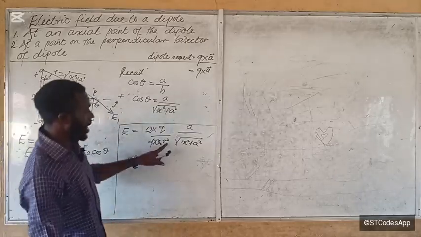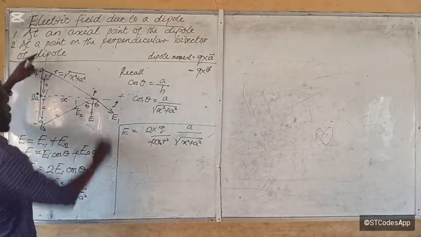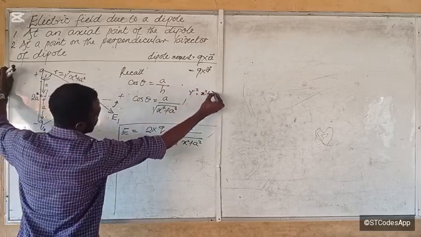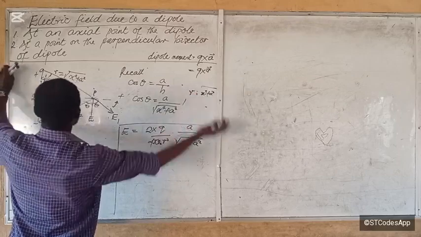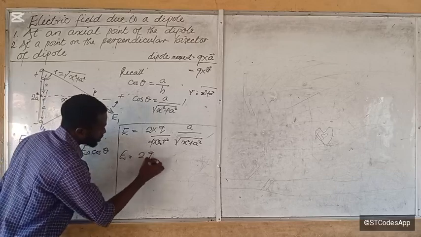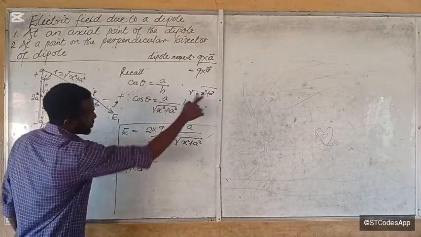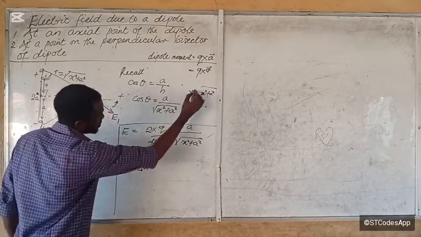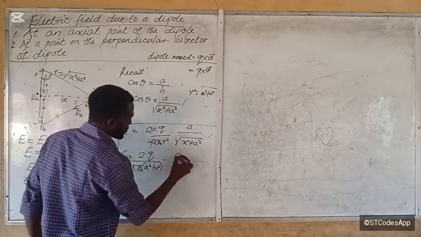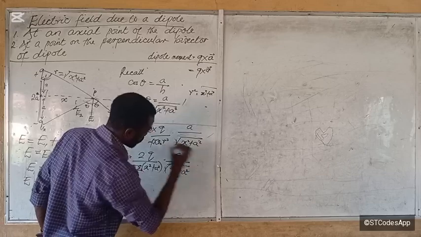Now, since this is R squared, if R is the square root, then R squared will be x squared plus A squared. So E equals 2Q over 4 pi epsilon naught times x squared plus A squared, multiplied by A over the square root of x squared plus A squared.